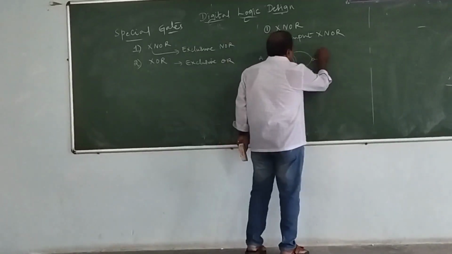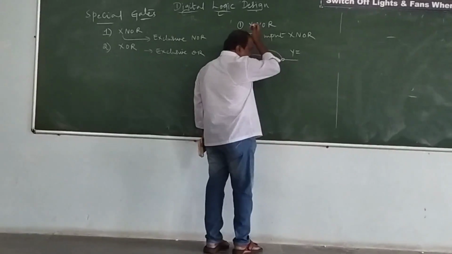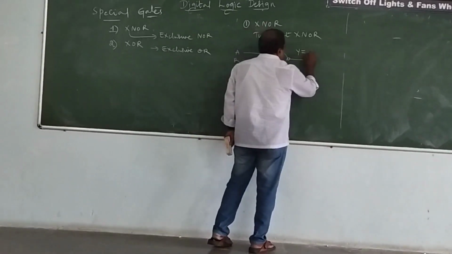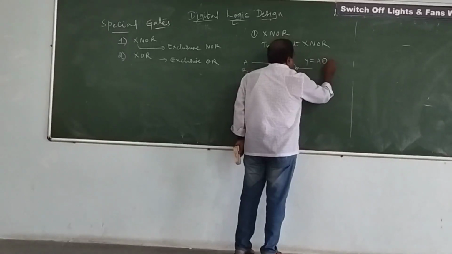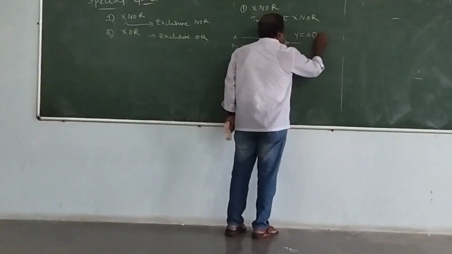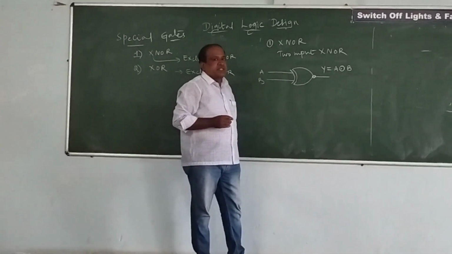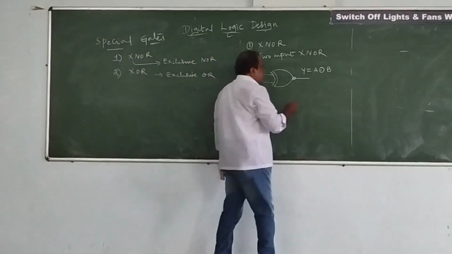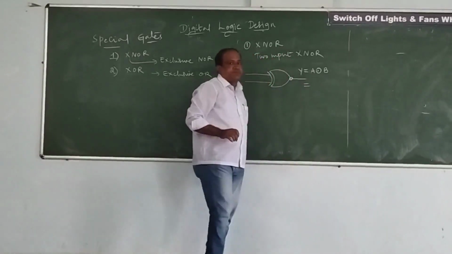You can see the Y. Here Y is equal to A exclusive B.